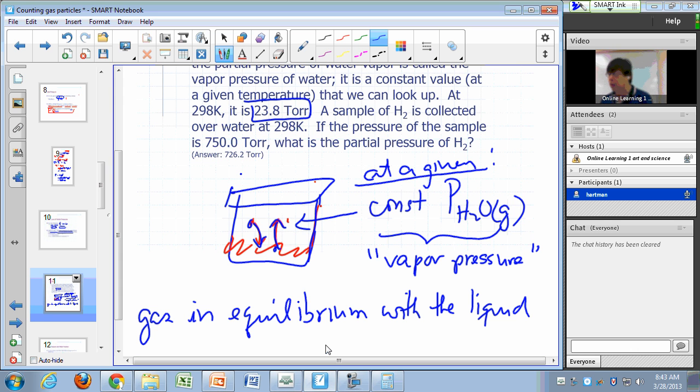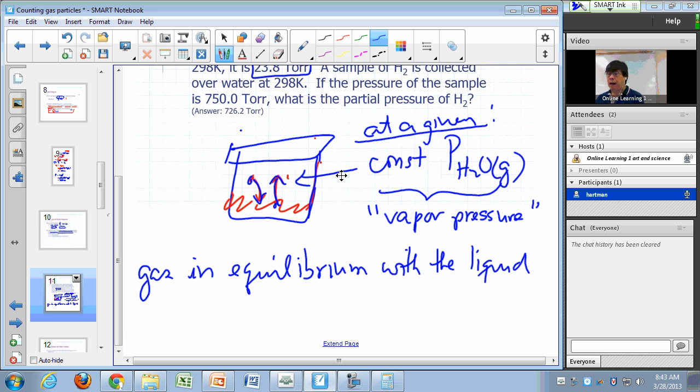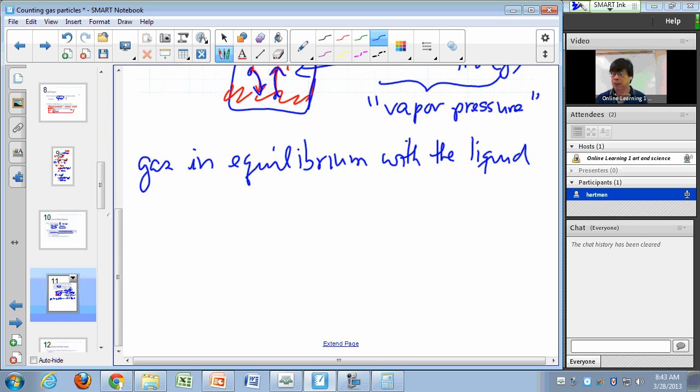Now, in one of the experiments I posted that you could be doing, you will generate hydrogen, but you're going to collect it over water. Hydrogen, H2, is not soluble in water, so it's going to bubble up. So you're going to invert a burette, and it's going to be closed up here, filled with water.